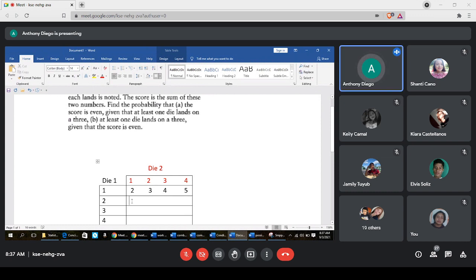So what will be the sum? This will give us a 2 and a 1. This is 3. Then 4. This will be 5.